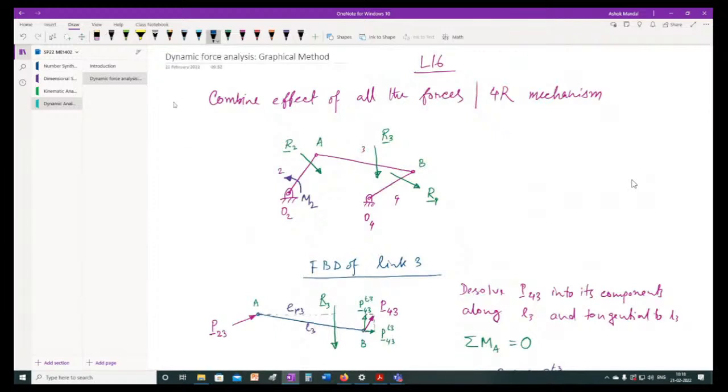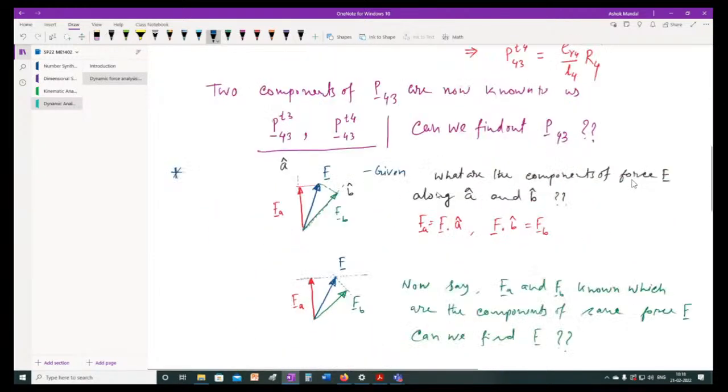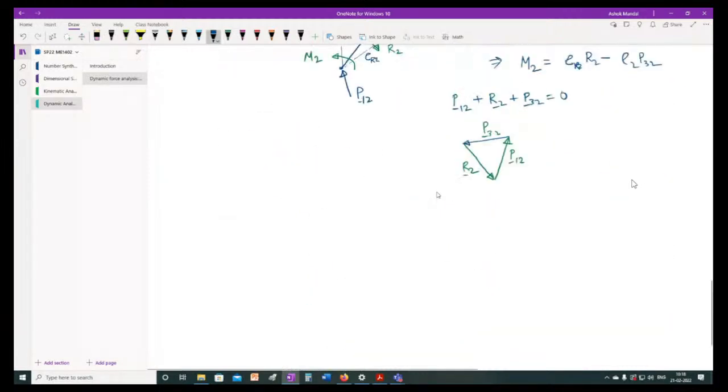Do you have any question related to this method? If not, let me go to the next method, that is called the superposition method. This kind of graphical problems will be there in the exam.